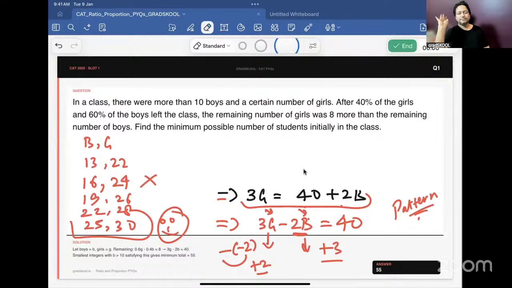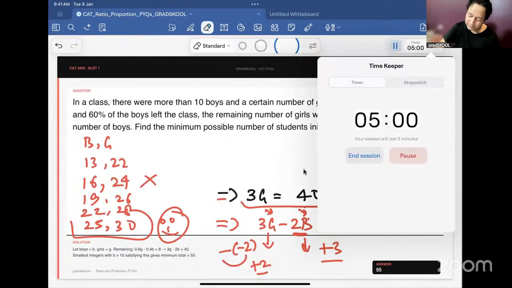Cool. Chalo. Ready for the next question? Here we go. I start the timer. And here's the question.